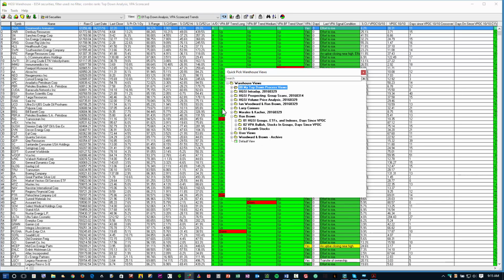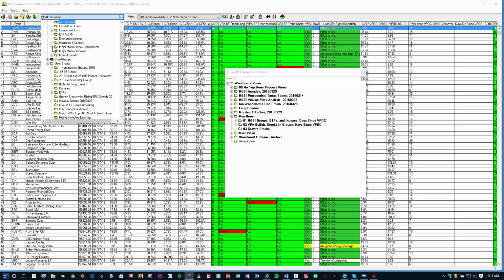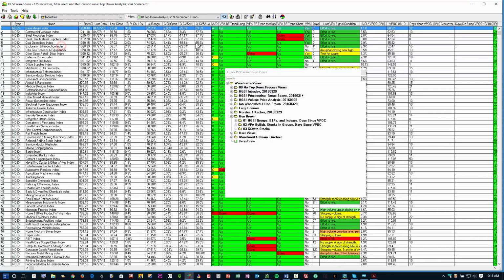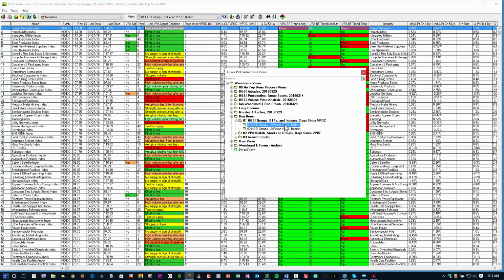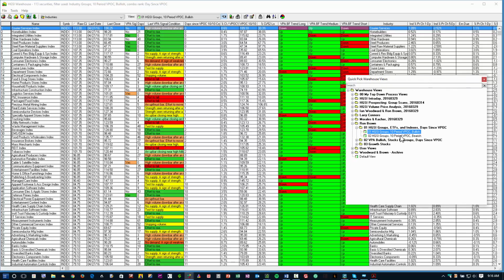Actually, rather than going to all securities, let me quickly move down to the industries, because I have these folders, and this first folder where I currently have it set up, and this may change. These are HGSI groups, ETFs, and indexes, and these are the bullish versions, and these are the bearish.